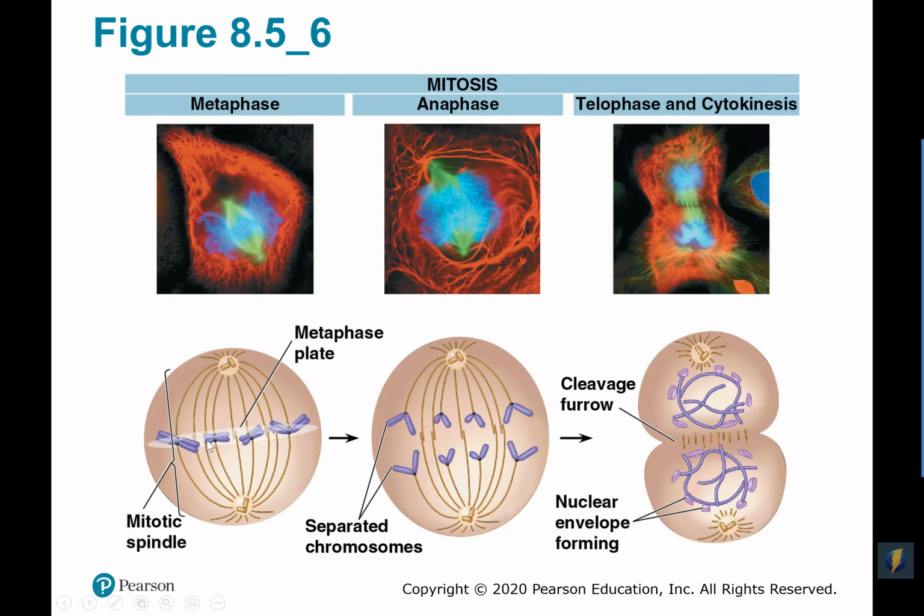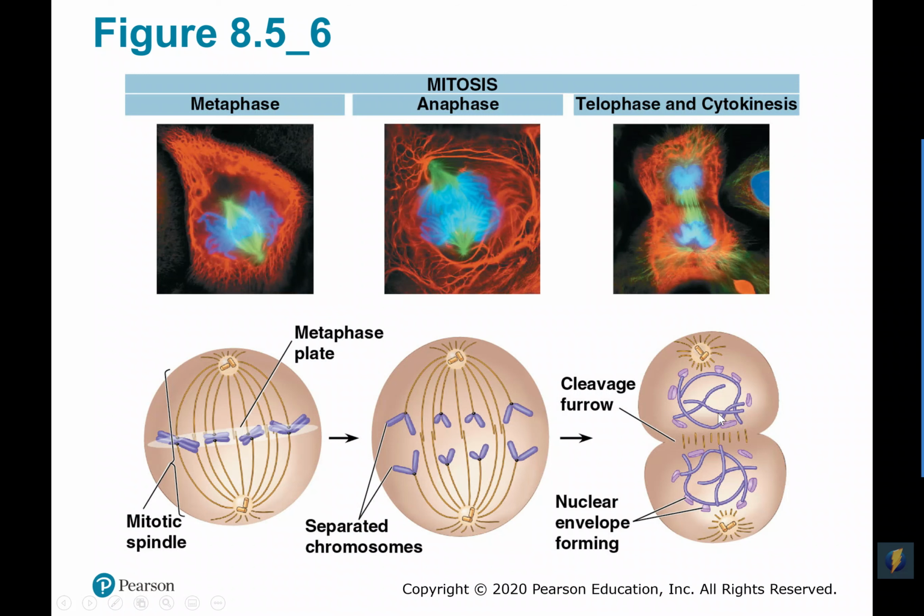The chromosomes are lined up during metaphase along this imaginary plane halfway across the cell, our metaphase plate. The sister chromatids then separate, so now we have full-fledged chromosomes. They're walked to the poles of the cell as the cell elongates during anaphase.